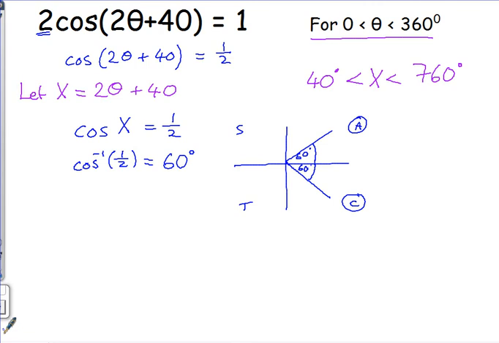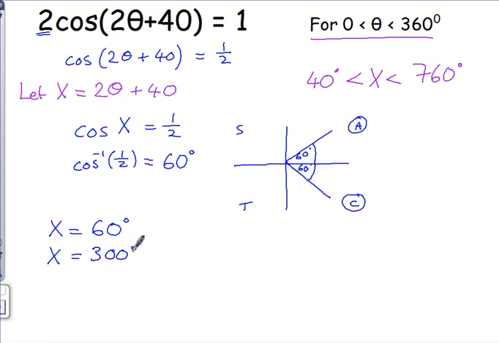Now that we've done this, our diagram shows us how to find all the solutions. We've got one solution of 60 degrees, and that is in our range. Now the second solution is going to be getting to this fourth quadrant, and that's going to be 300 degrees.